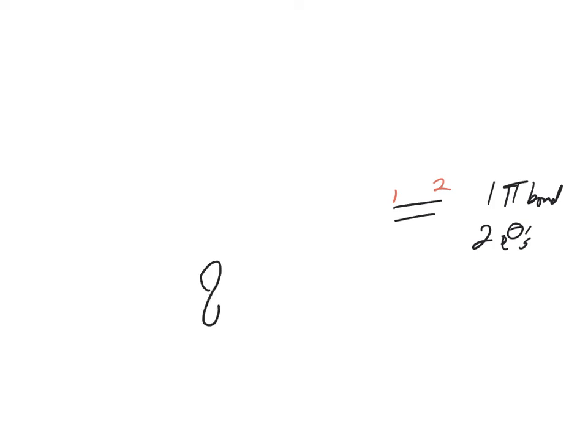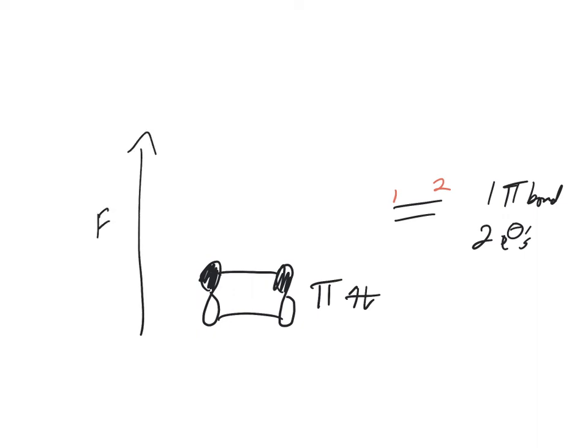So if you have 2 p orbitals, the way they come together to form a bond in a constructive manner to share electrons, they have to be in the same phase. So that would be considered a pi bond. And we put both of our electrons there. If this is our energy axis.